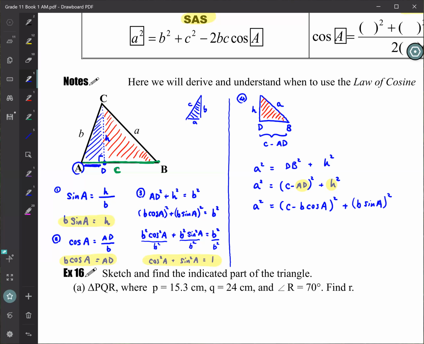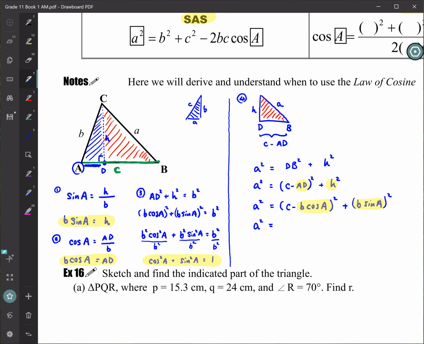Okay, you follow so far? AD is this one. H is this one, okay? All I did is replace it with step 1 and 2. We're almost done, okay? After this is just expanding and simplifying, okay? So I'm going to keep the a squared still on the left side, and then we'll expand the brackets, okay?